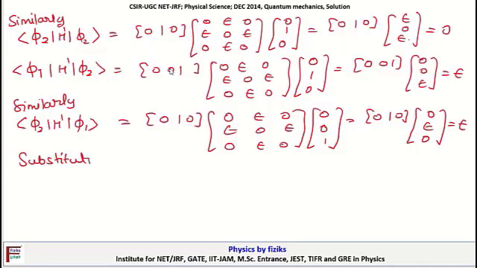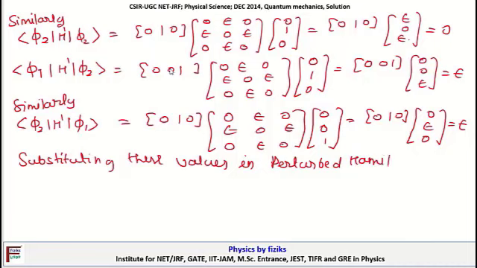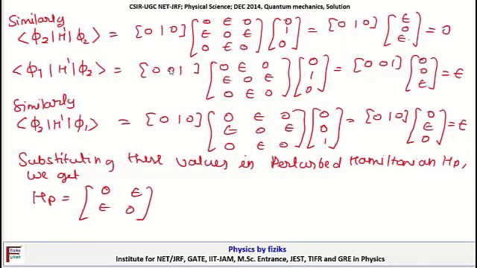Substituting these values in the perturbed Hamiltonian HP, we get HP equal to 0 epsilon, epsilon 0.